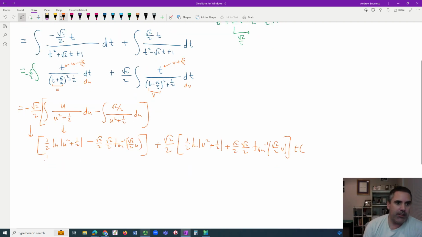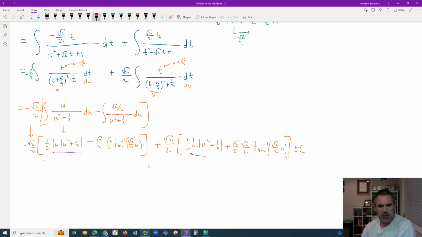Now, something like this can likely be combined and simplified, meaning those two logs can be put together. I don't know about the arctangents. Maybe there's some clever maneuvering we can do to put them together. But let's just take a look here. Yeah, so what I see is square root of 2 over 4, and I'm going to put the logs together.